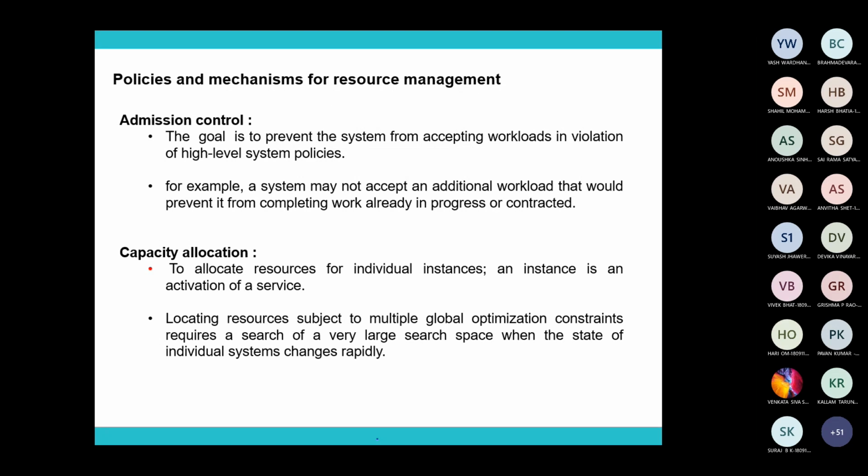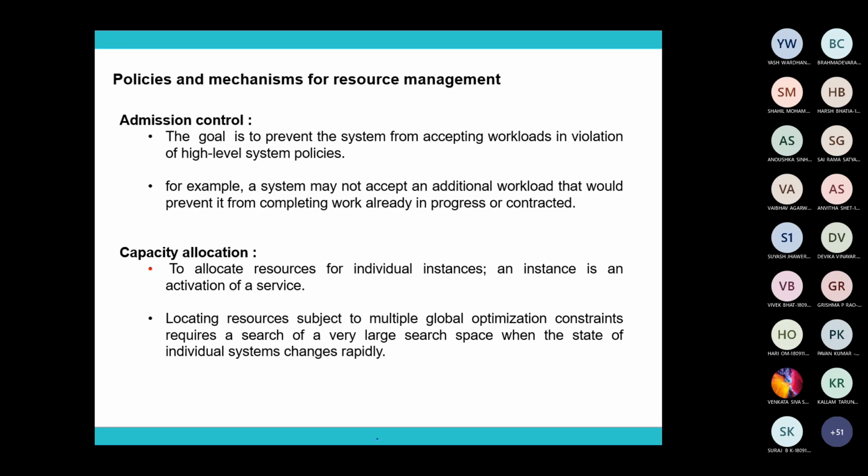The goal of the admission control policy is to prevent the system from accepting workloads in violation of high-level system policies. For example, the system may not accept additional workload that would prevent it from completing work already in progress or contracted.